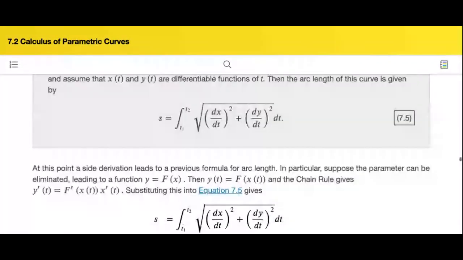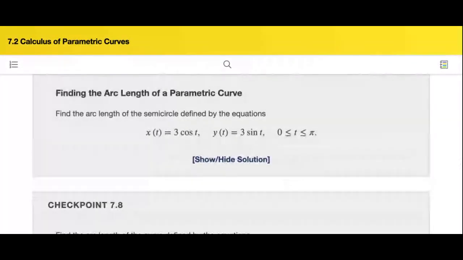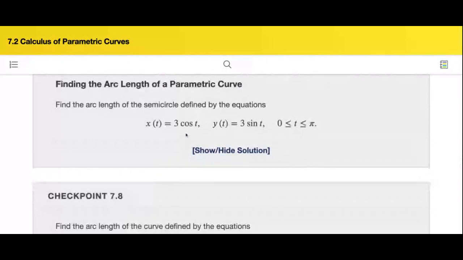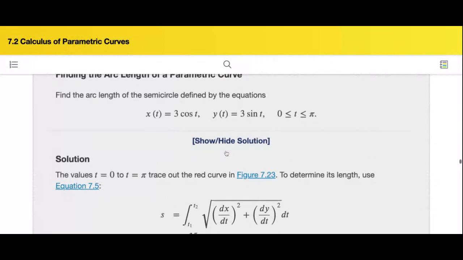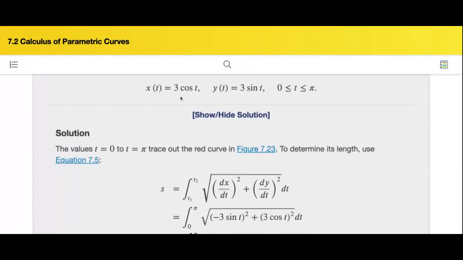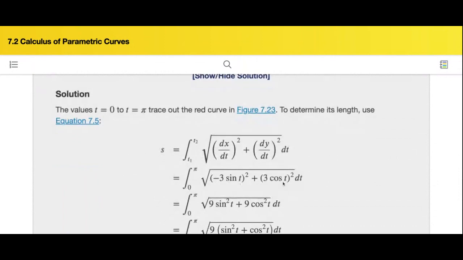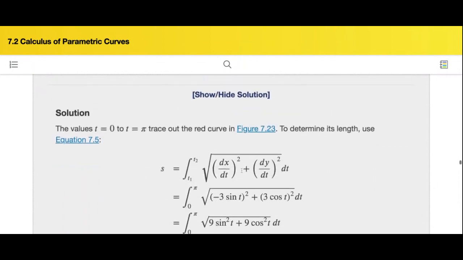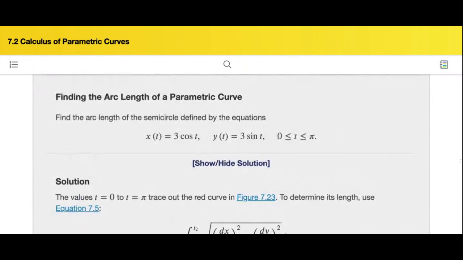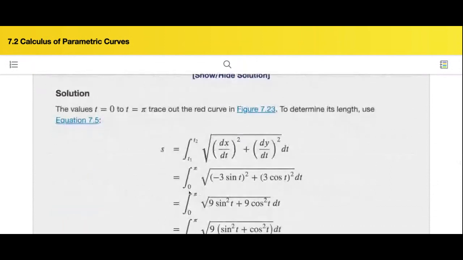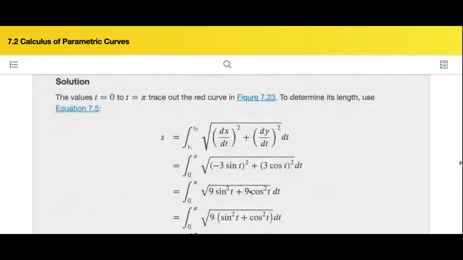So let's just follow this formula and see an example. x of t equals 3 cosine t, y of t equals 3 sine t. We want to take the derivative of both. So x prime will be negative 3 sine t. y prime of t will be 3 cosine t. So we plug in. We get negative 3 sine t squared plus 3 cosine t squared, where t goes from 0 to pi.